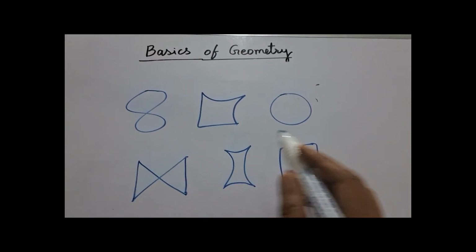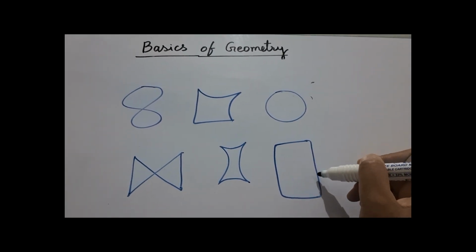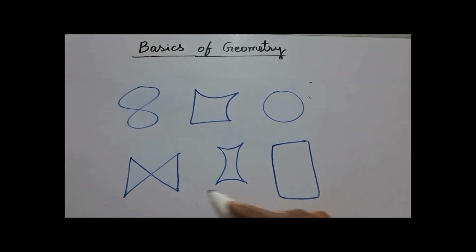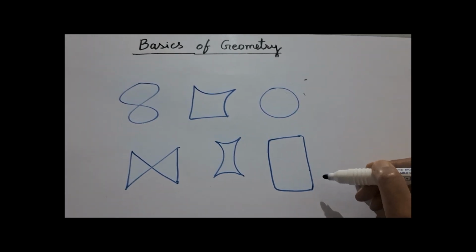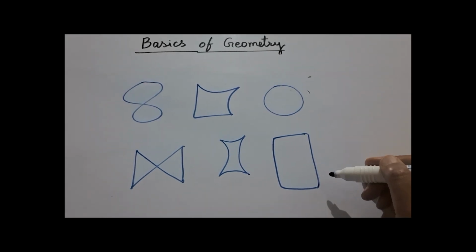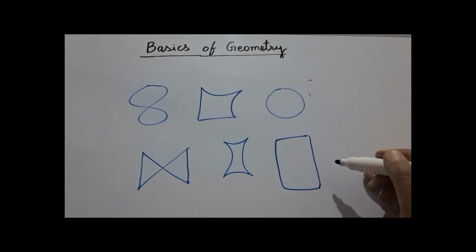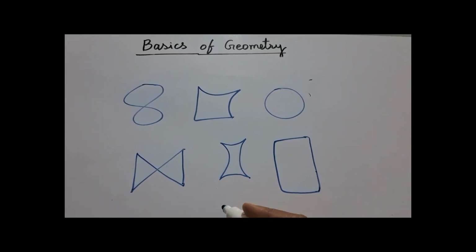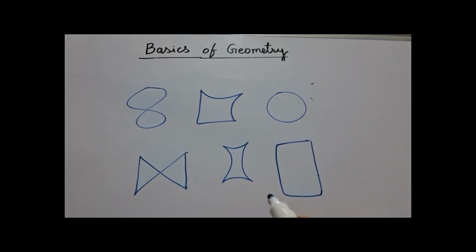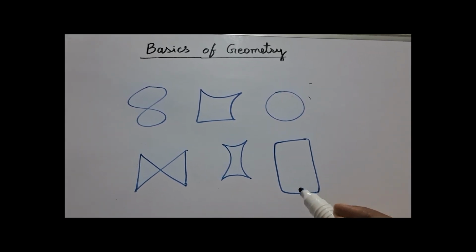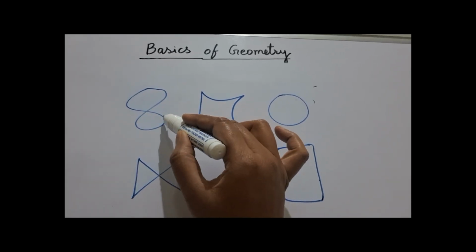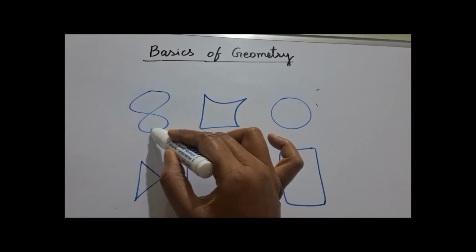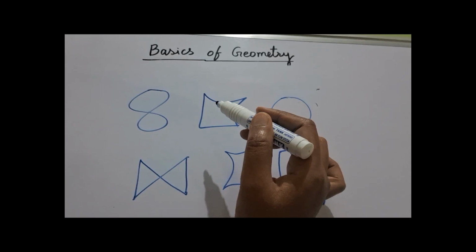Now here we are able to see some curves, children. These all are closed curves. But closed curves are again divided into two types, children. That is simple closed curve and not simple closed curve. So here we can see that this curve is intersecting itself at one point.